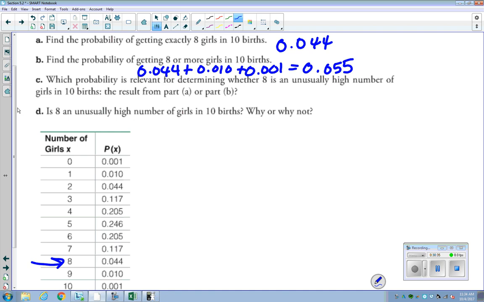We know that because of the 5% rule, absolutely. Is 8 an unusually high number of girls in 10 births? Why or why not? No, because it's not below 5%.